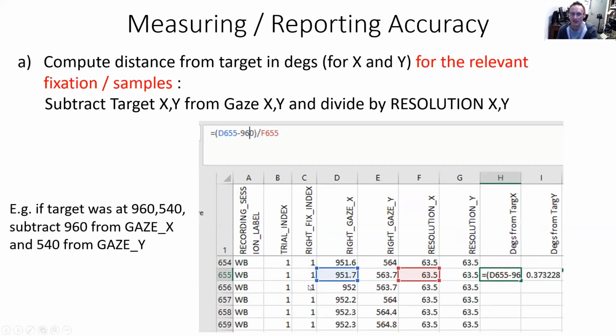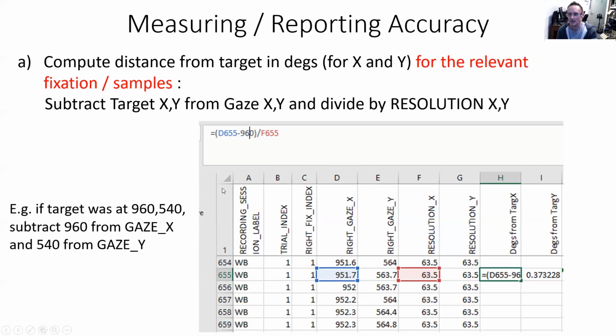So the first fixation, or just some samples within a fixation, where we know that the person at that point is looking at a target with a known location. And we're going to subtract that known location from our data. So in the X, if we know that the target was at 960, 540, we subtract 960 from the X location, and we subtract 540 from the Y location.